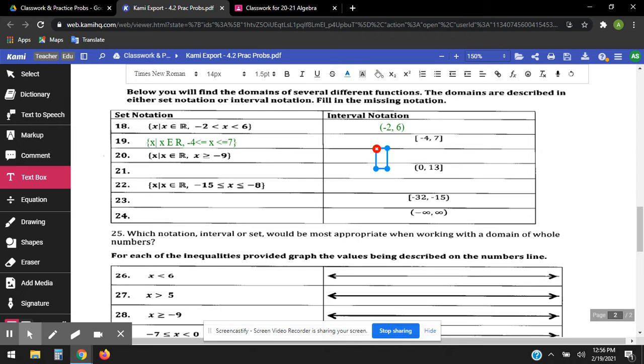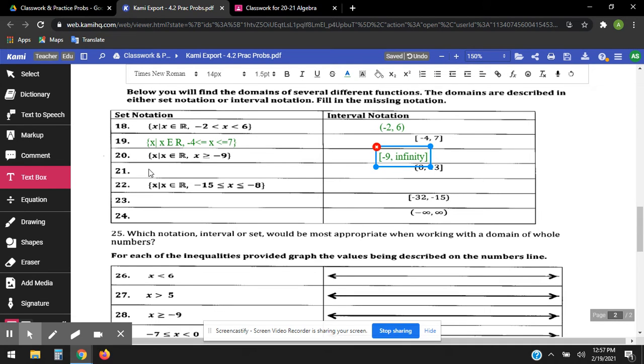So my lowest number, and I'm including it because it's equal, is -9, but then I'm going to go forever to the positives, right? X is bigger than this. So then I'd actually put infinity. And you can put the infinity symbol. Again, I don't have that on my keyboard, so I'm not able to plug that in at the moment, but we'll just do infinity on that.